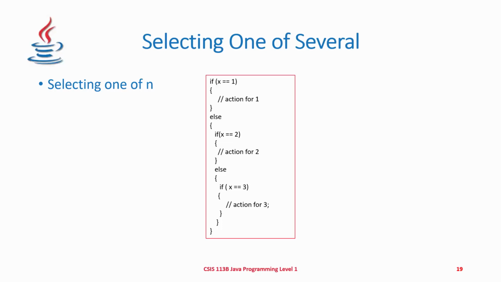If it is true, then whatever the statement is for 2 will occur. If that one were false, then we have another else statement and then another check with an if to see if it compares to 3, and then we would perform the action for 3. So that is one way of having several choices, but it's not the most efficient way.